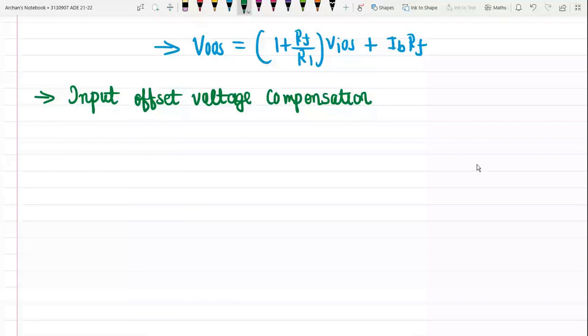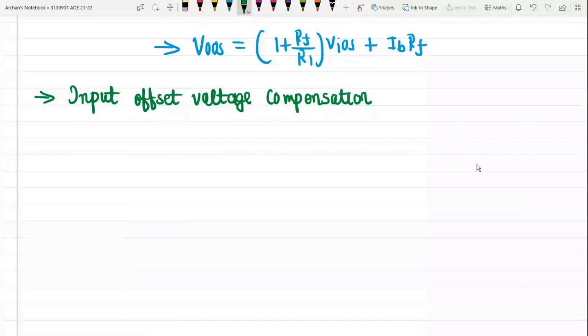So before we apply external input to the operational amplifier with the help of an offset voltage compensating network, we will try to reduce the output offset voltage to 0. And then you can say your op-amp is null or balanced. So let us try to understand this offset compensation.